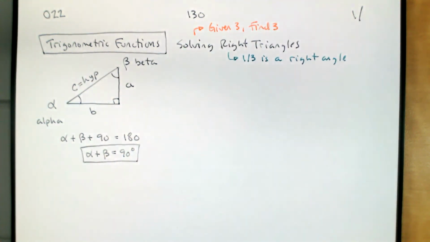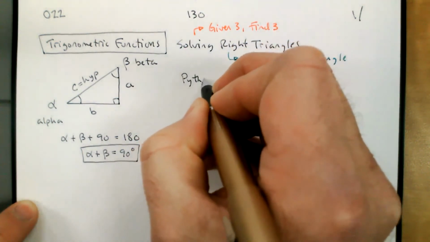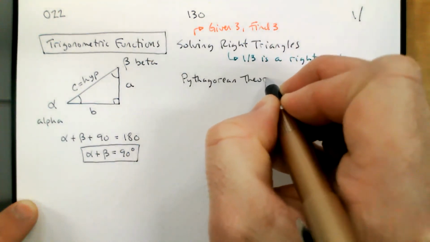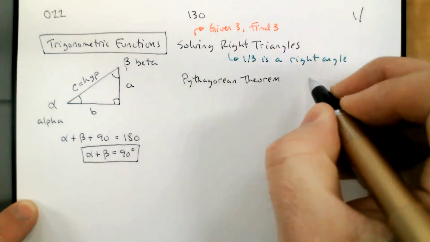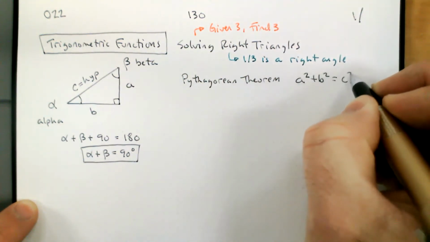The other tools that we have in our toolbox for solving right triangles is the Pythagorean Theorem, which gives us a squared plus b squared equals c squared.